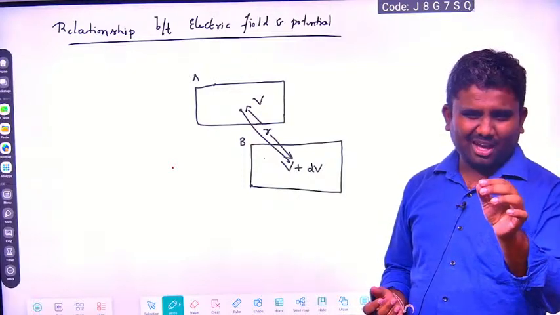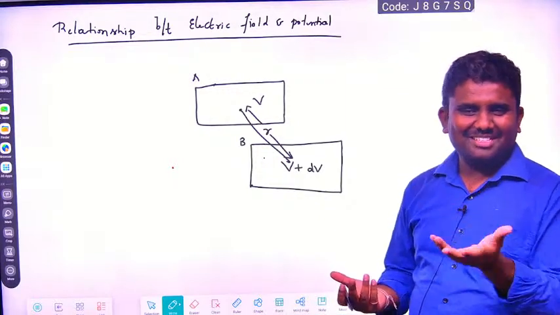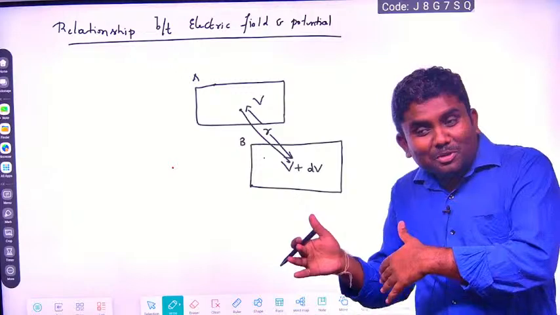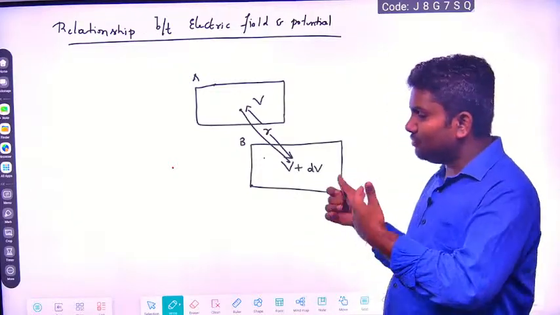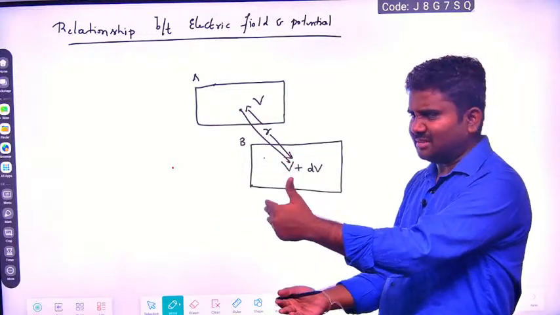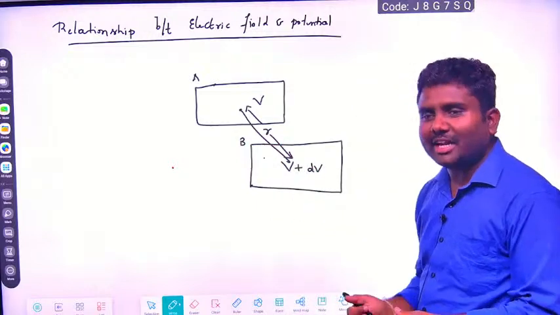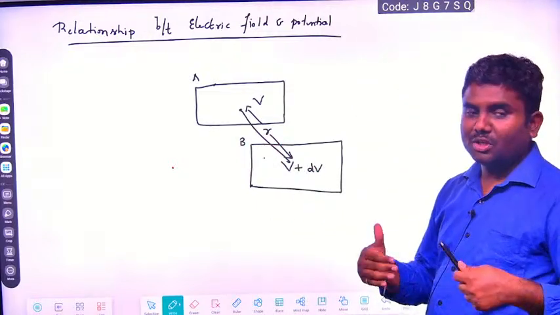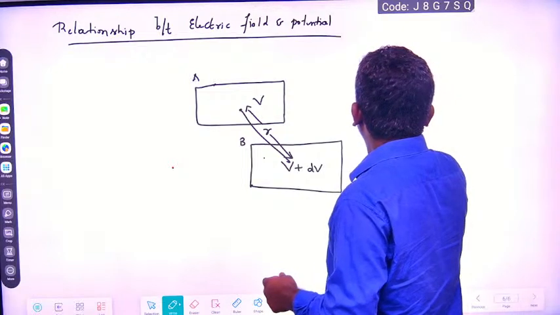From higher to lower potential is easy. But lower to higher potential is tough, because higher potential gives a stronger electric field, and lower potential means less electric field. If you want to move a charge against the direction of the electric field, then you need to do more work.